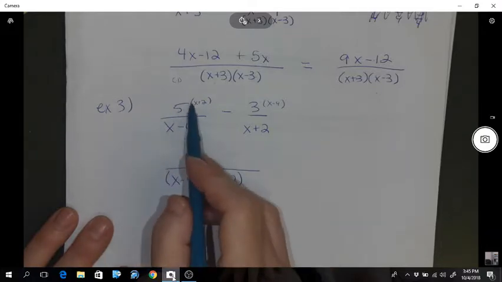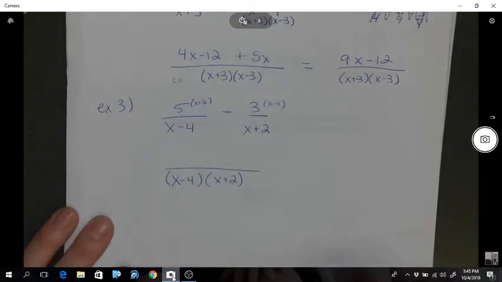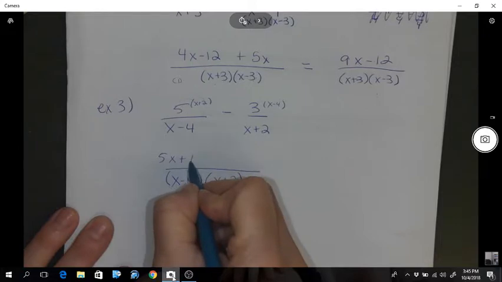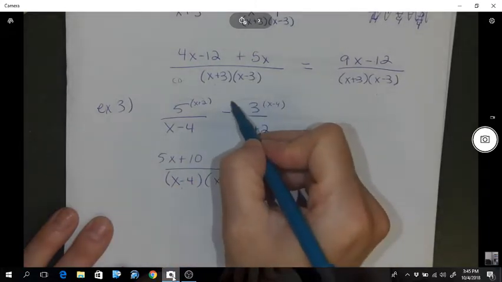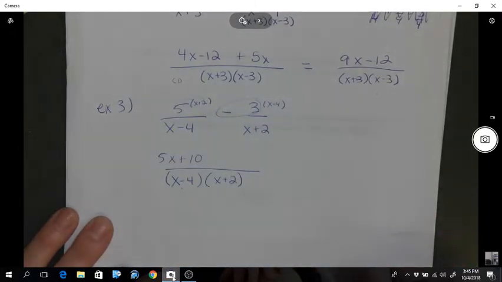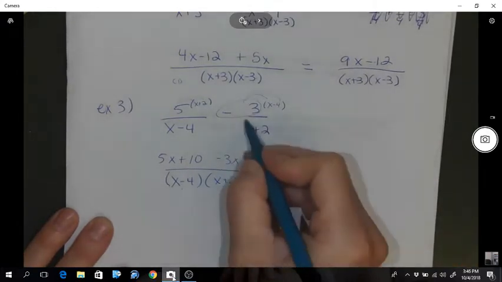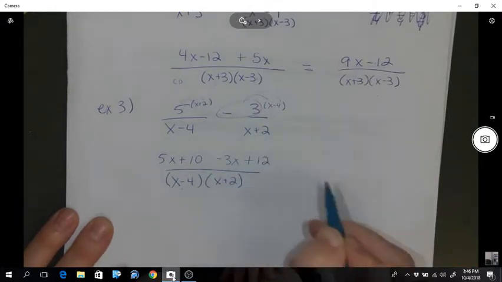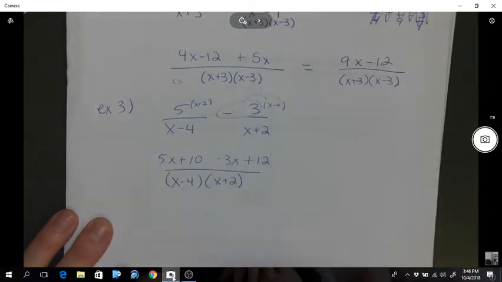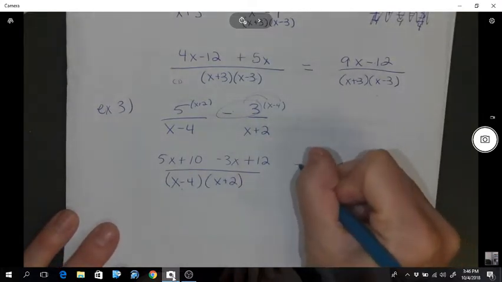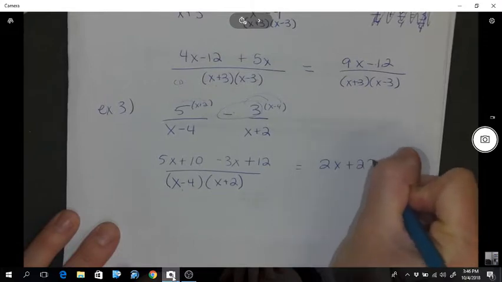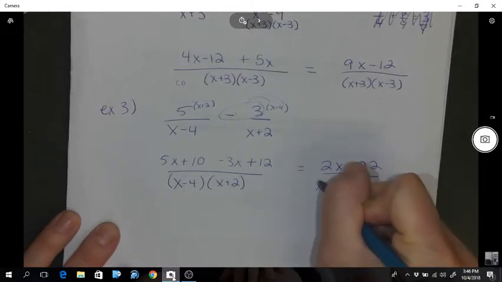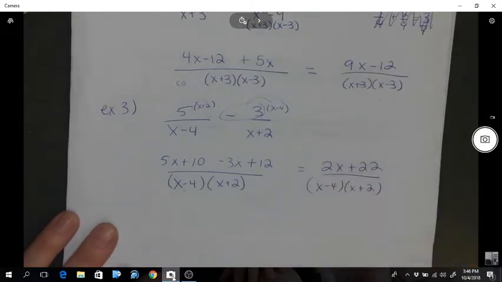So now we get 5x plus 10. Now, remember I said lots of people miss this? Don't do that. Minus 3x, and now that's a positive 12. Do you see it? Negative 3 times negative 4. So your final answer is (2x plus 22) all over (x minus 4)(x plus 2).